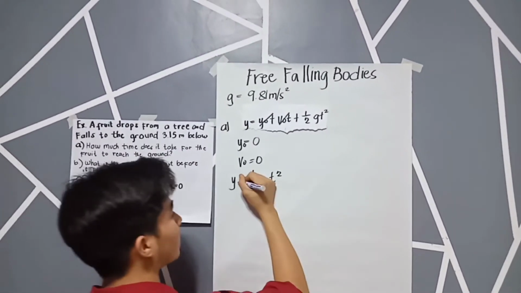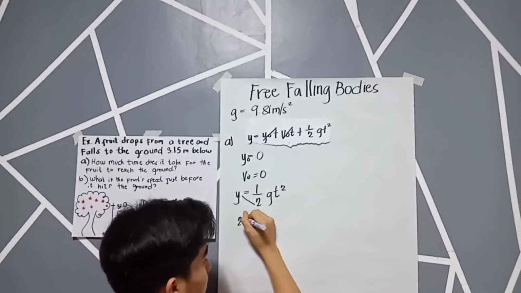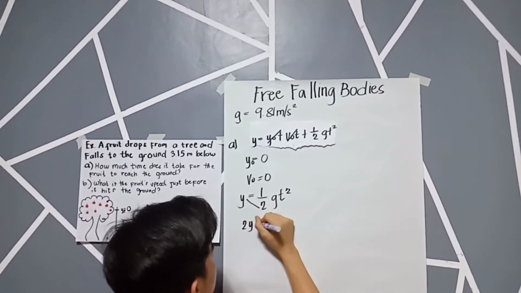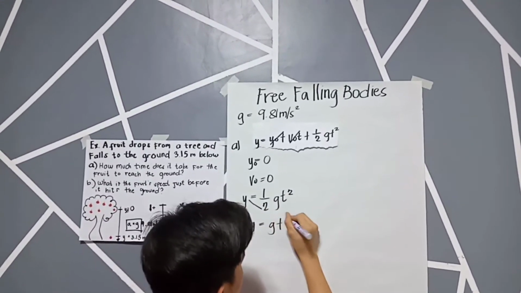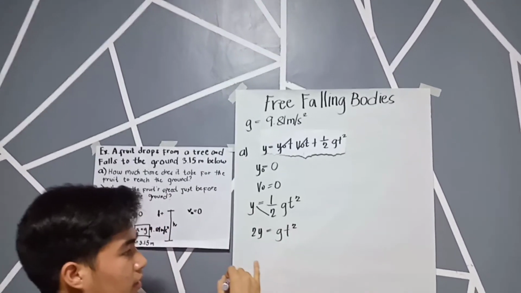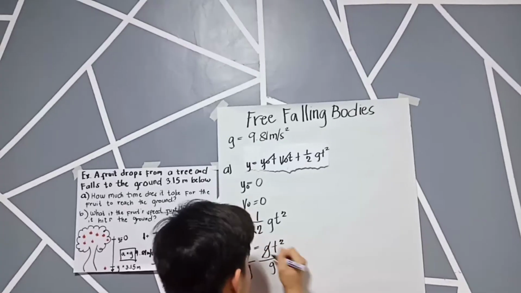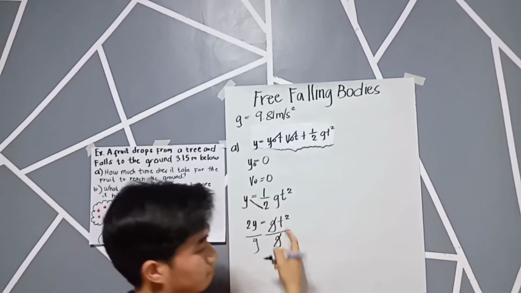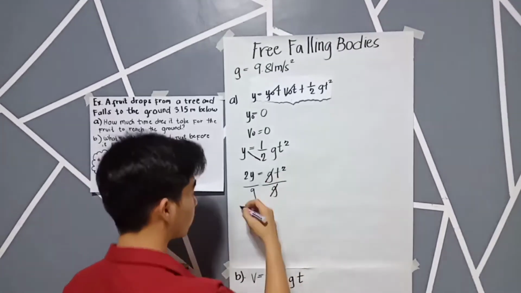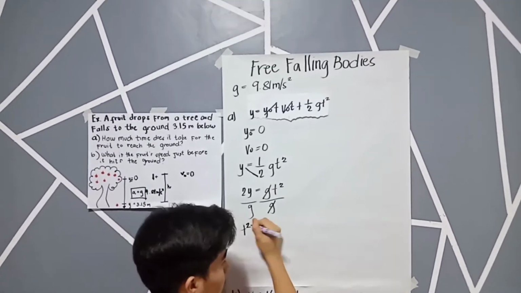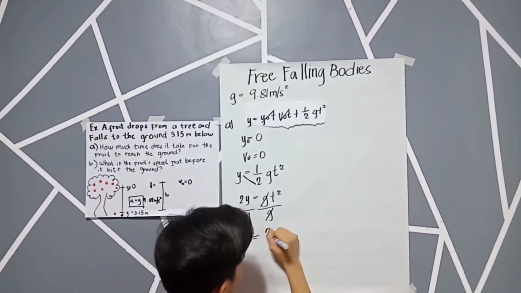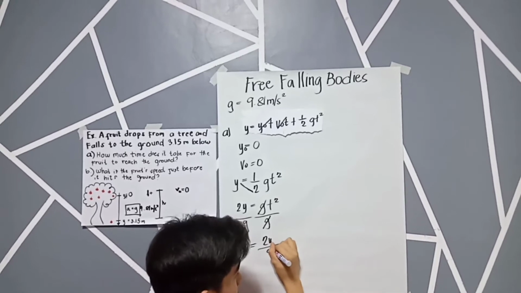We cross multiply, so 2y is equal to g times t squared, and divide both sides by g to cancel g. So the remaining is t squared, which is equal to 2y over g.